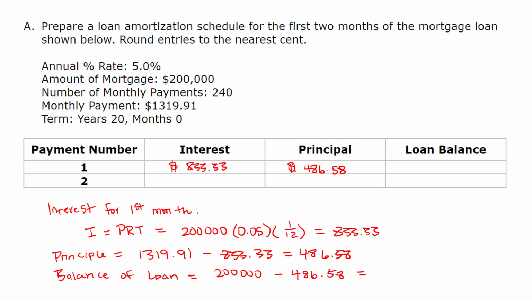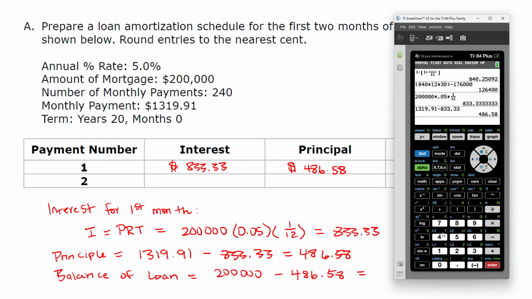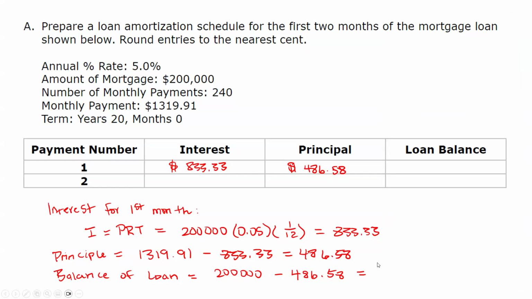Okay, so that goes to the principal from the loan payment. So 200,000 minus 486.58. All right, so $199,513.42. So that is the loan balance.